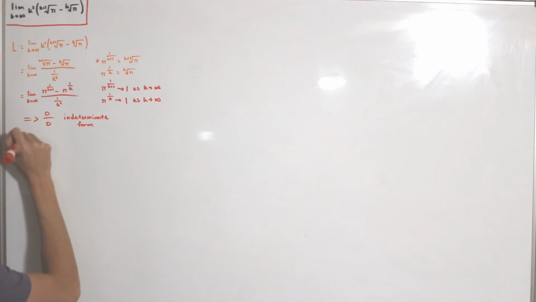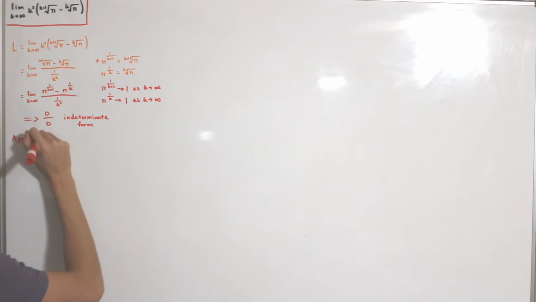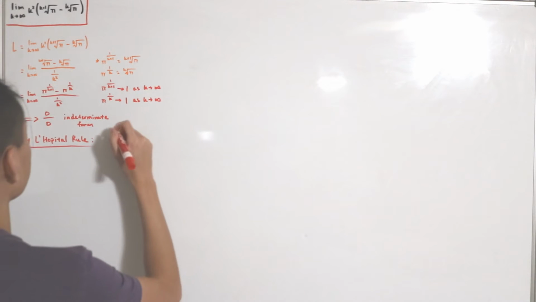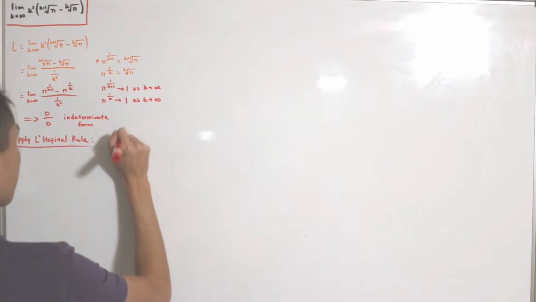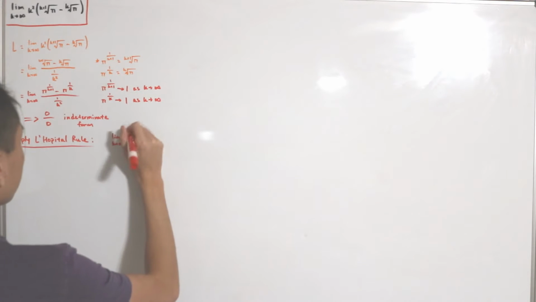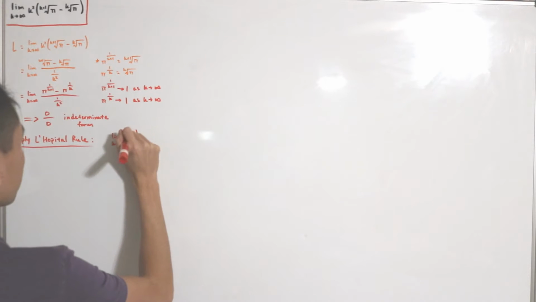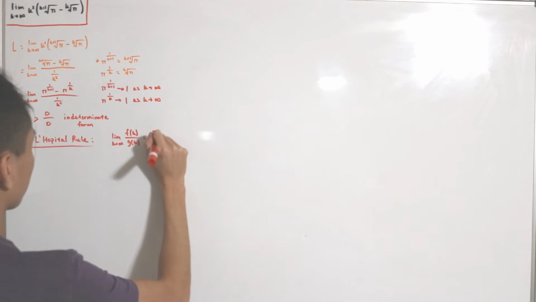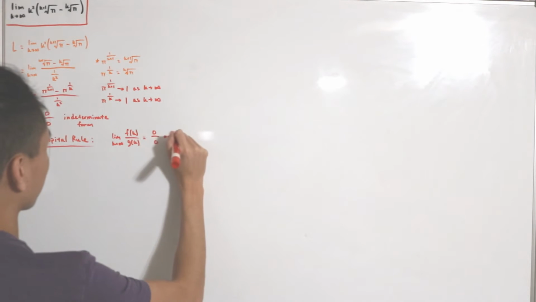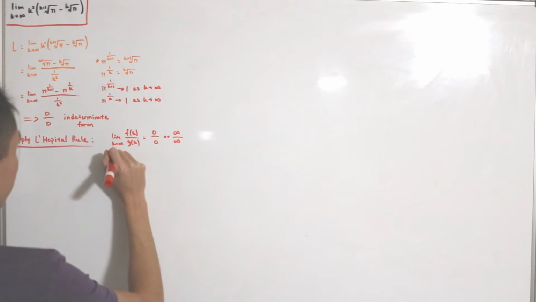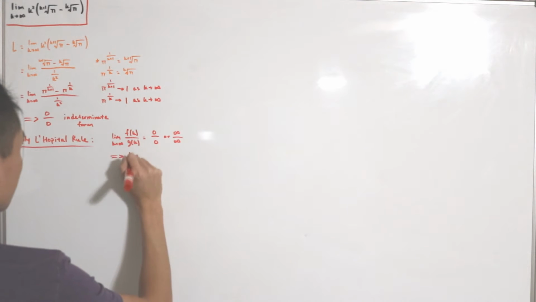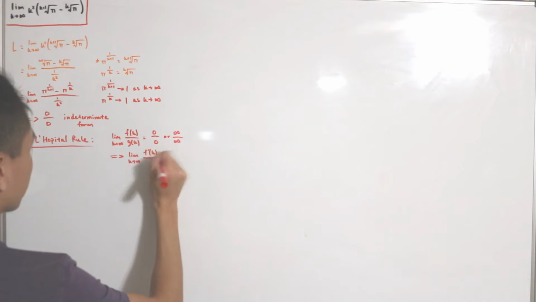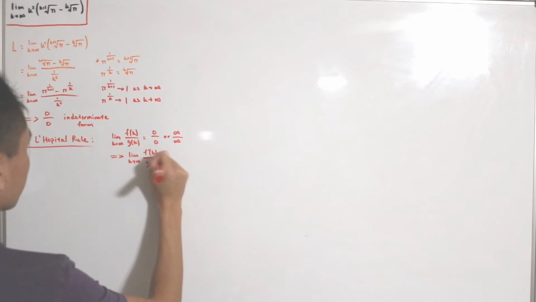So I'll write: apply L'Hopital's rule. That says that if the limit as k approaches infinity of some f of k divided by g of k is a 0 over 0 or infinity over infinity form, then this is the limit as k approaches infinity of f prime of k divided by g prime of k.